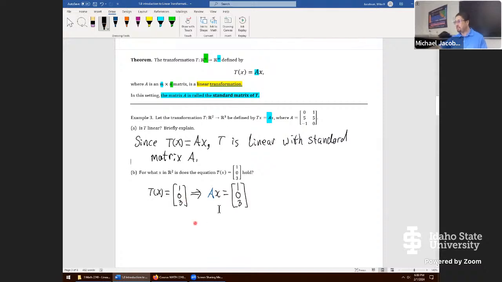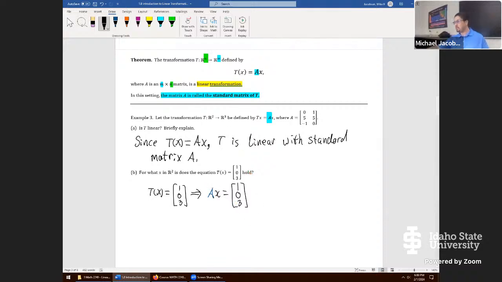So we're just taking the transformation, putting in the standard matrix, and observe there's really nothing new here from what we've done in the prior sections. We've already done this problem. In week 1, we did this problem. The only thing that's essentially new in this section is the new terminology about linear transformations.